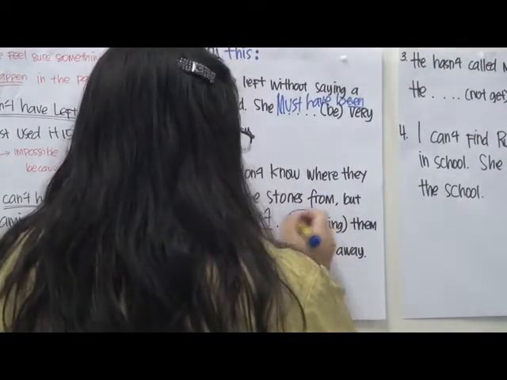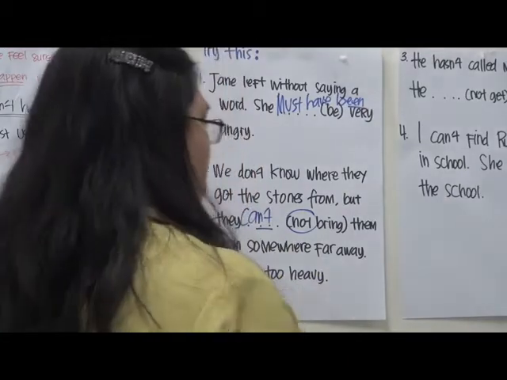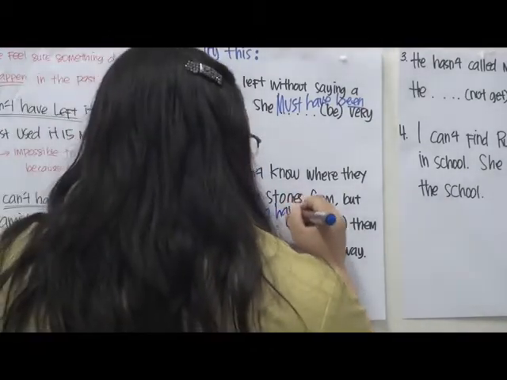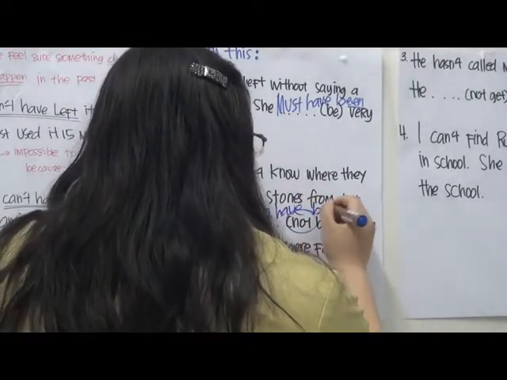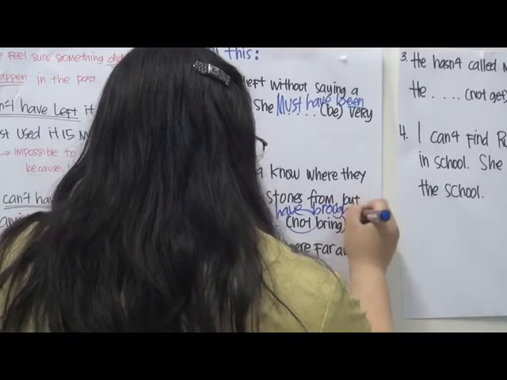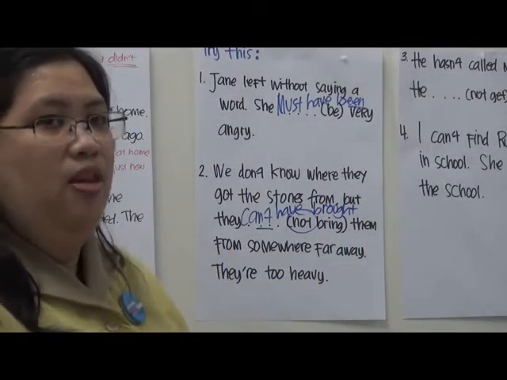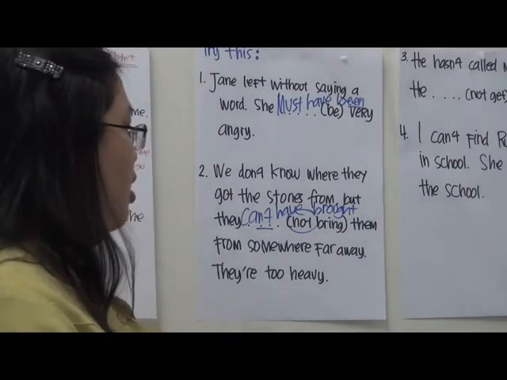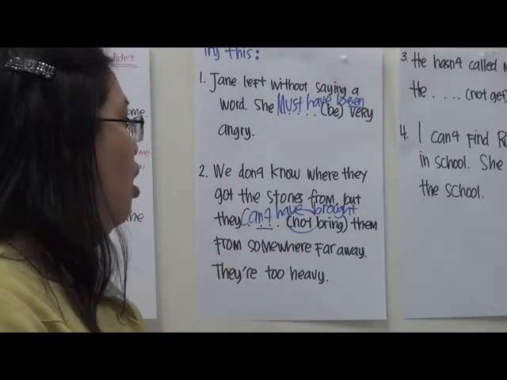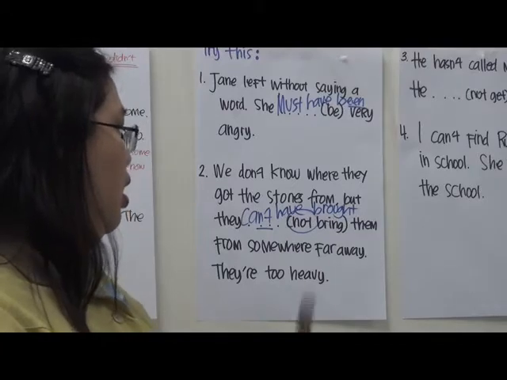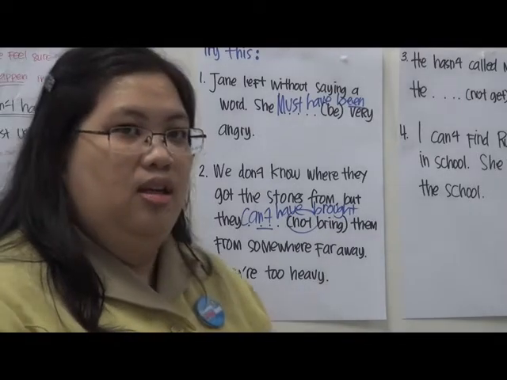So can't here represents not. Have. The verb 3 of bring is brought. You just use can't have brought because we're sure it didn't happen in the past. We're sure that they didn't transfer it from a place far away because they're so heavy.